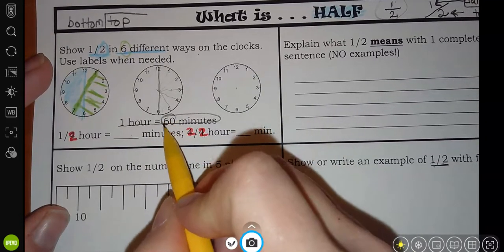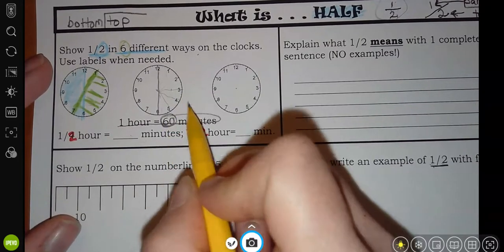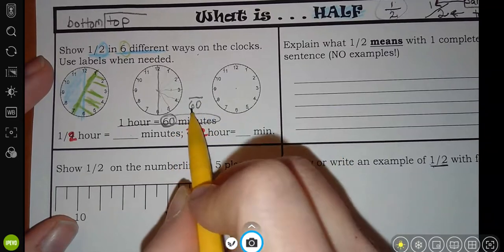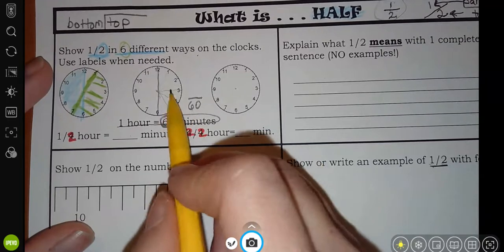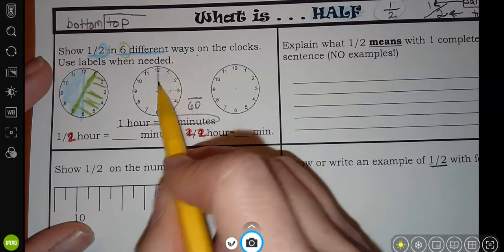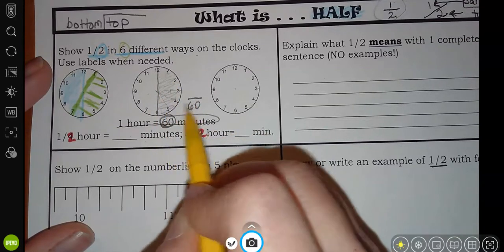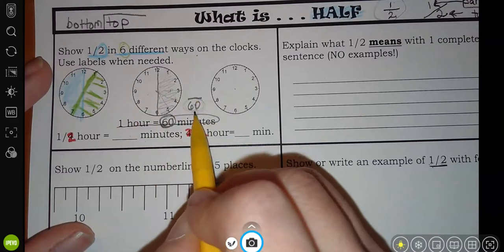Or I could look at my 60. My 60 is the total. How many minutes would there be if I took my total, split it in 2 pieces, and just took one of those pieces? So I take my 60, split it in 2, divide it by 2.